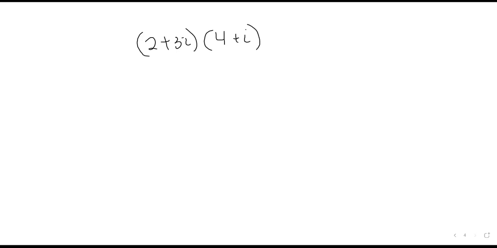We'll keep it easy. So steps. When it comes to multiplying, my first step is to FOIL, meaning I multiply the first pairs of numbers.